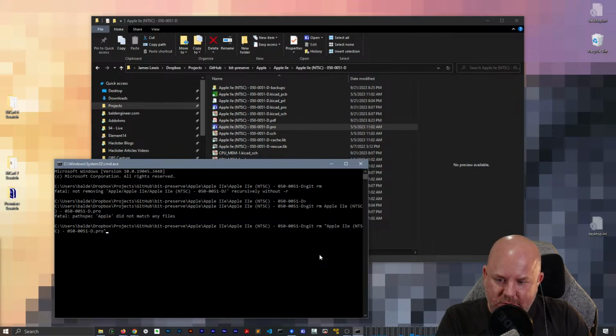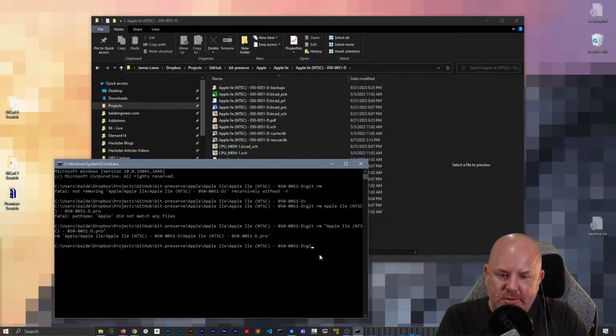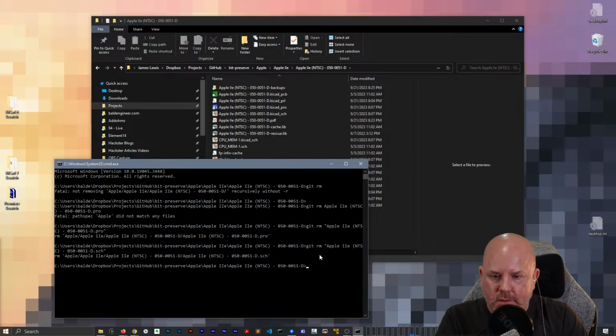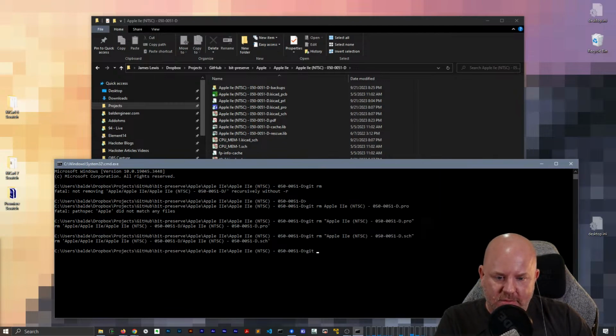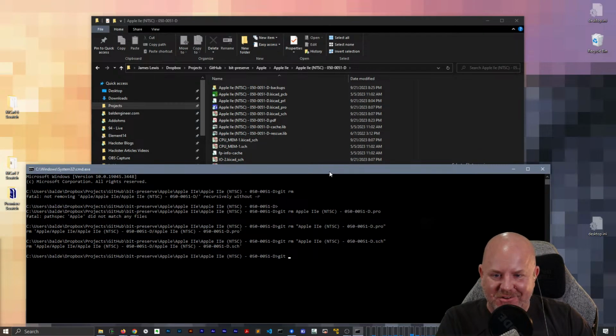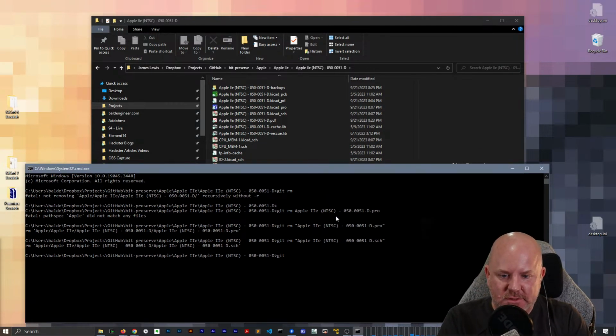I guess this is my fault, but whatever. And then I want to do git rm that .schematic. It's going to complain again. Yeah, I knew there was git mv because I've used that quite a bit. I learned that lesson a long time ago, but it was very recent.